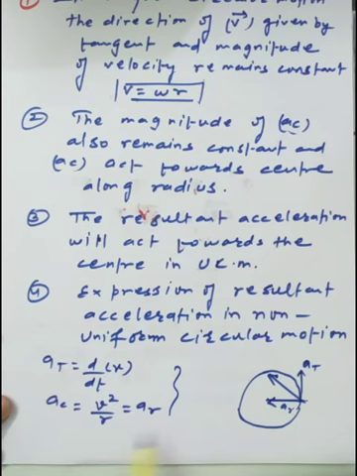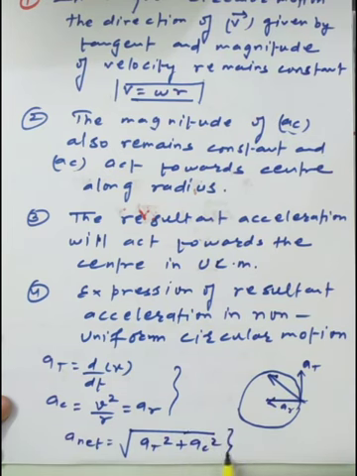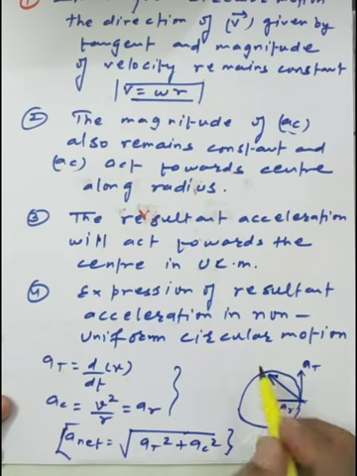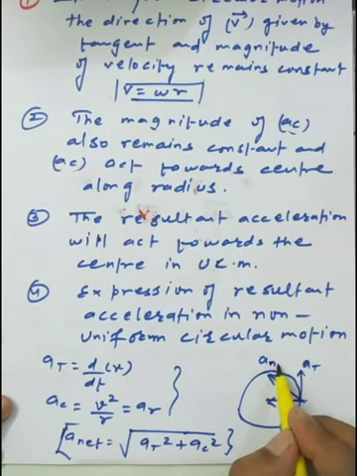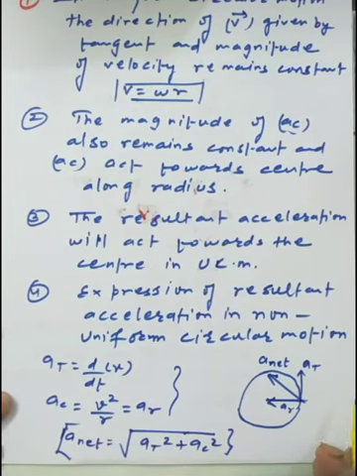Whenever we make the resultant of these two vectors, a net is equal to the square root of the sum of the squares of the components, a tangential square plus a centripetal square. This is the formula of the net acceleration, which does not act towards the center along the radius, so it has its own particular direction.